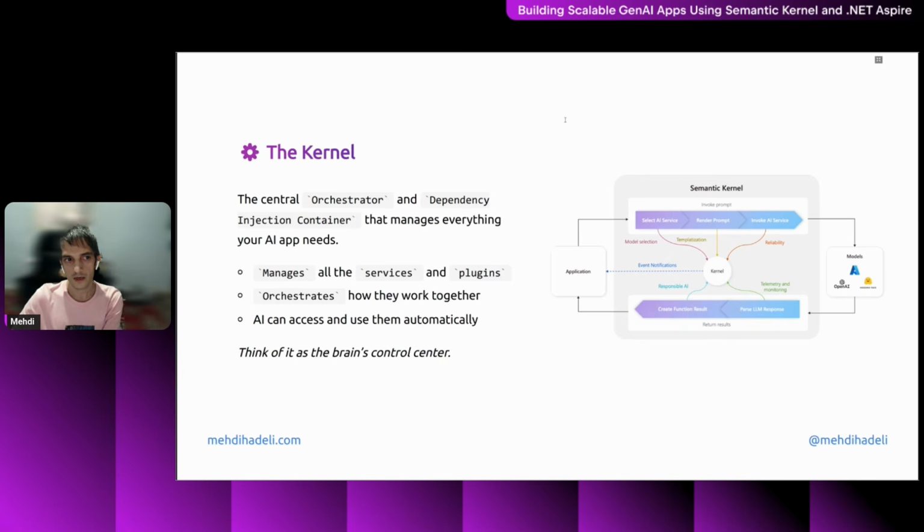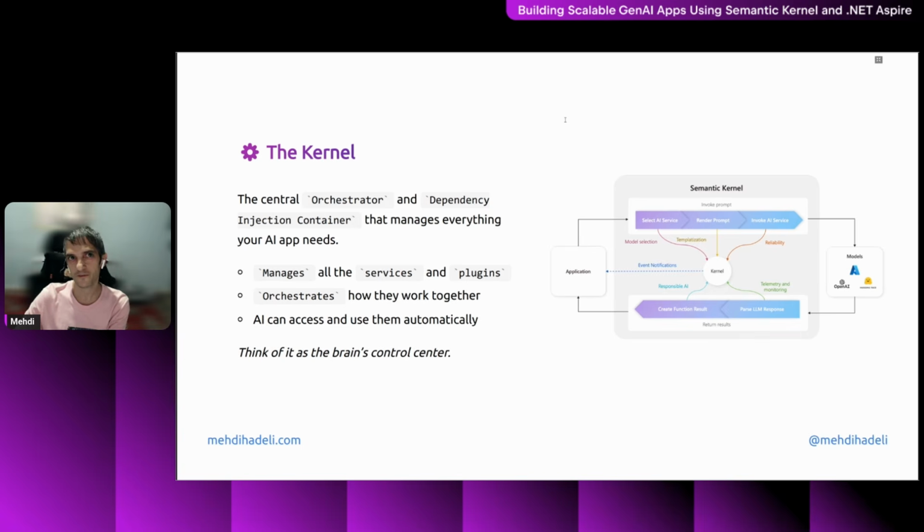One of the main things in Semantic Kernel is the kernel. The kernel is the central part of Semantic Kernel. It orchestrates and manages dependencies for our Semantic Kernel SDK, for example our AI services and application services. Also, besides the services, we need some plugins.